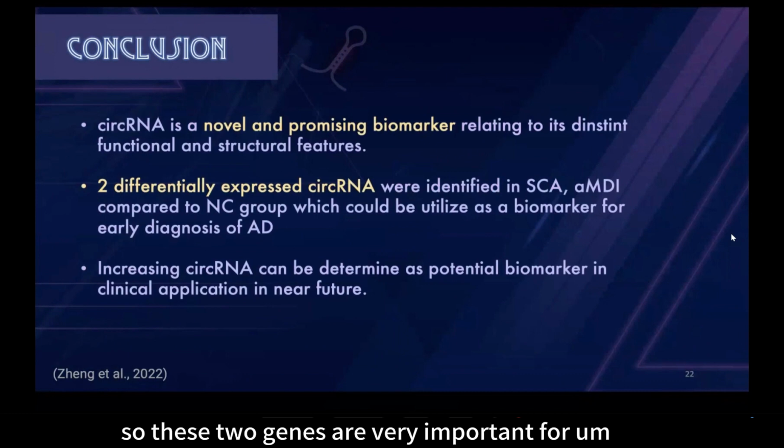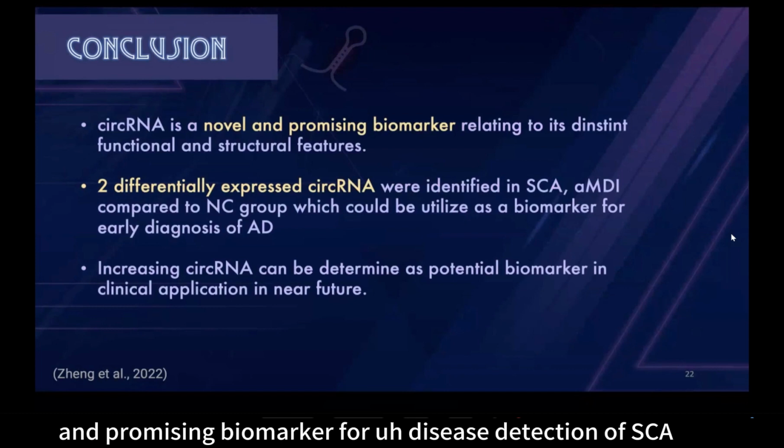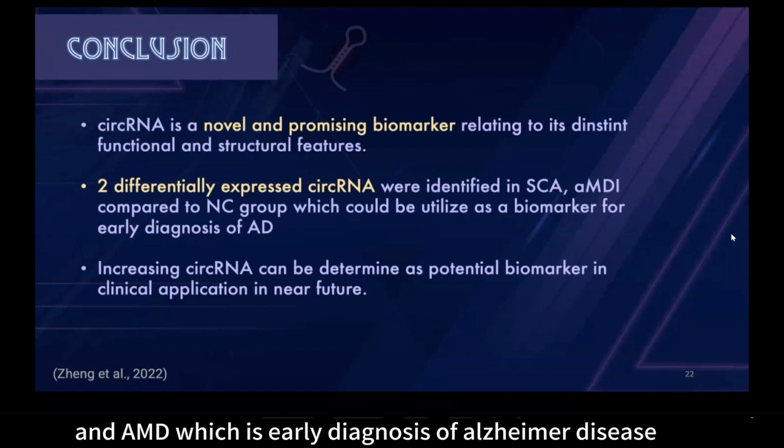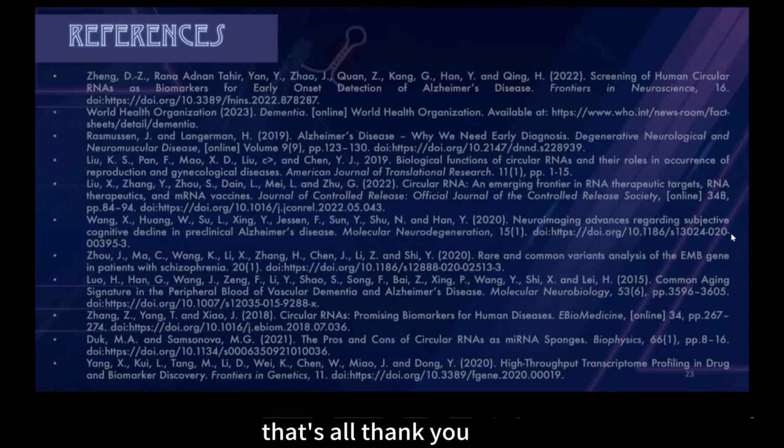So these two genes are very important for the development of Alzheimer's disease. Hence, it is a significant and promising biomarker for disease detection of SCA and AMDI, which is early diagnosis of Alzheimer's disease as compared to healthy individuals. That's all. Thank you. These are the references.